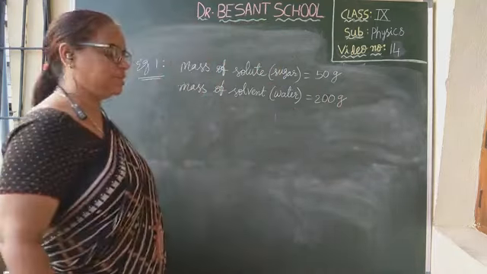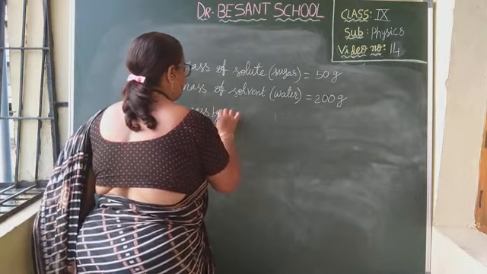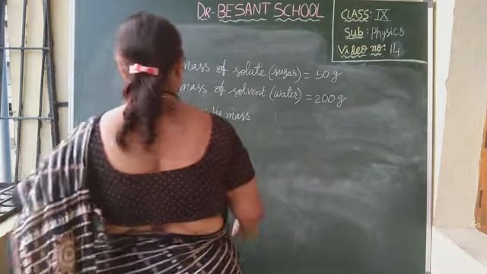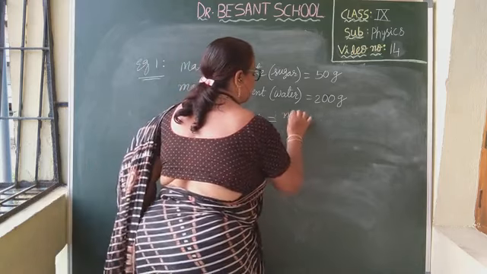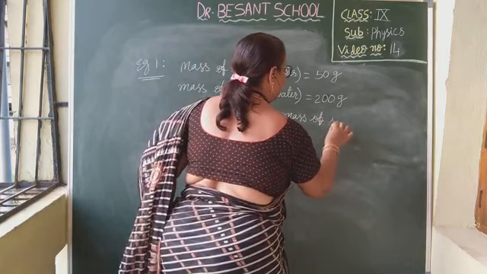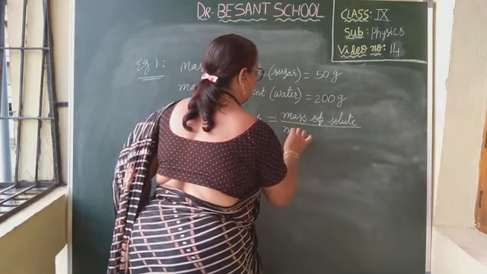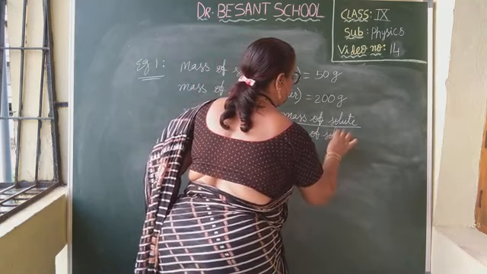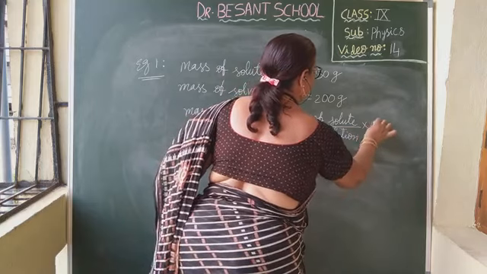Now what is asked to find? Mass by mass percentage of solution equals. What is the formula? Mass of solute by mass of solution into 100.